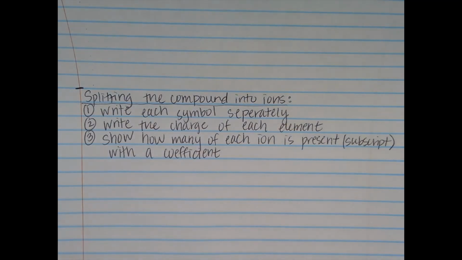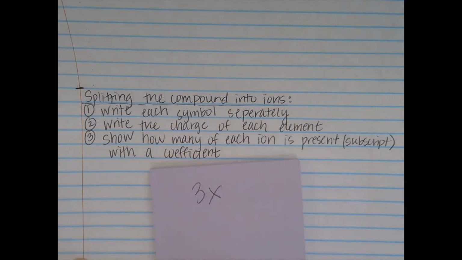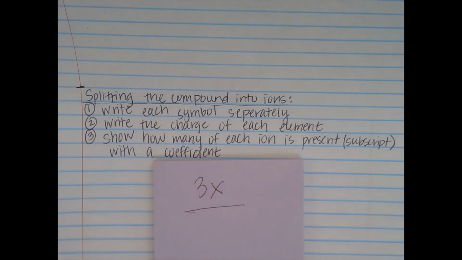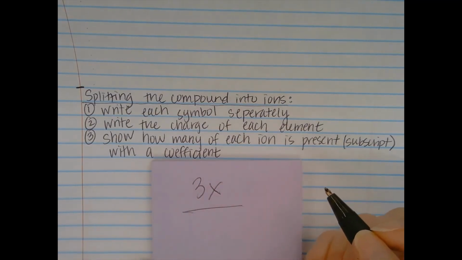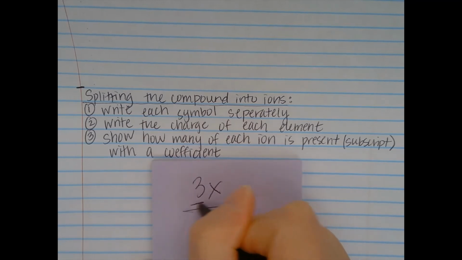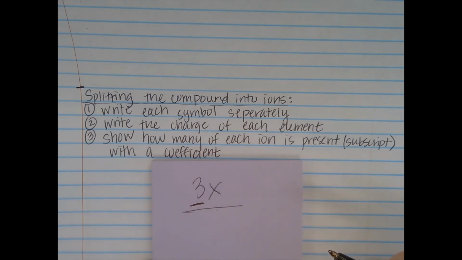Okay, what's a coefficient? Let's review. Turn to a neighbor, and in this example, tell them what the coefficient is. So the coefficient here is the 3, because the 3 is telling us how many x's there are. The x is the variable, yeah?